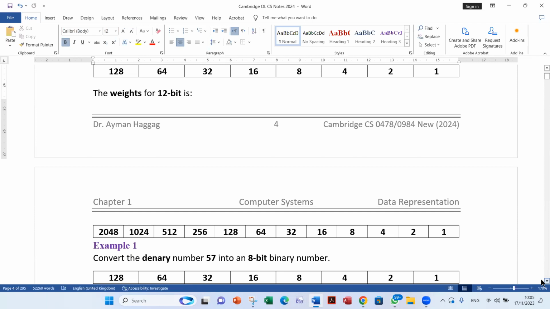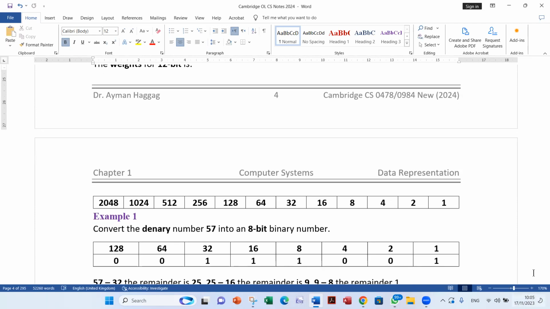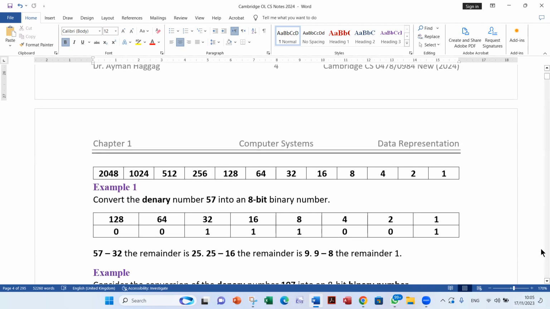However, when you put a 1 under 32, you subtract 32 from 57. So after putting a 1 here, you are left with 25. Now consider the 16. Yes, you must put 1 under 16, and then subtract: 25 minus 16 becomes 9.